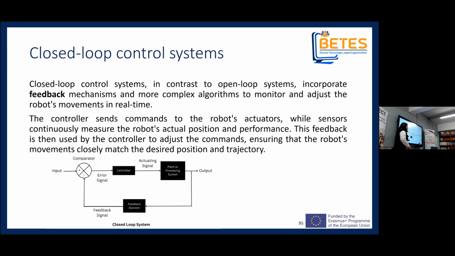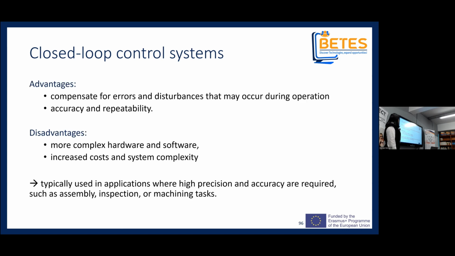So the feedback and the input work simultaneously, and they compare what it does. And here are the advantages. It can compensate for errors, as I said before, and it has high accuracy and repeatability. The disadvantages are the more complex hardware and software, and therefore it increases the cost.